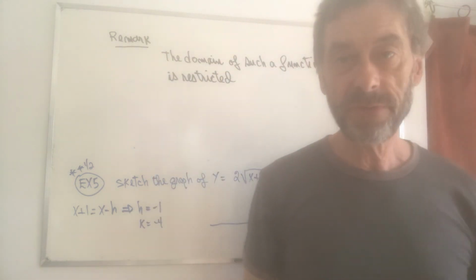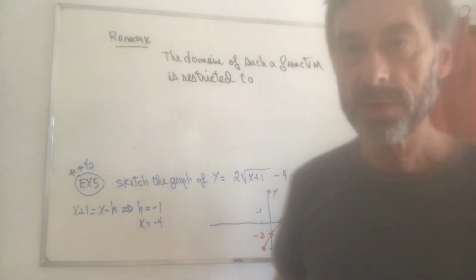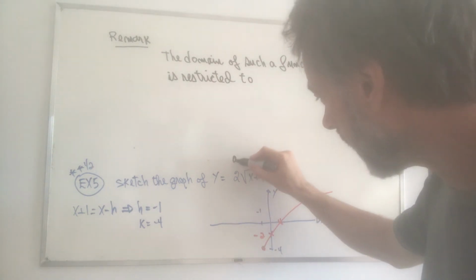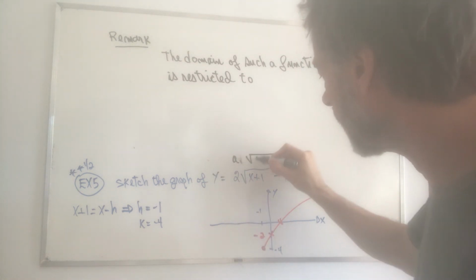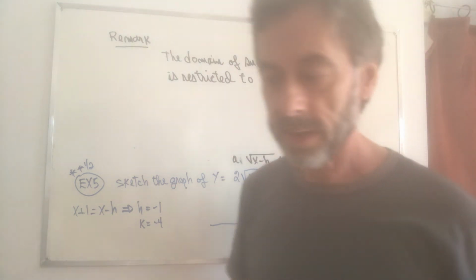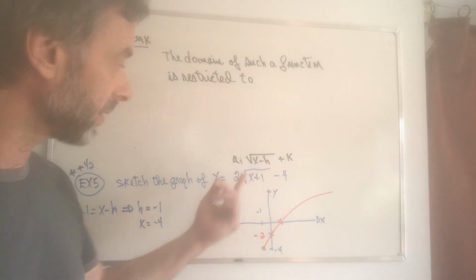What's the general thing? I'm going to write it down again. Here, this is like a root of x minus h, plus k. Remember, the domain is the set of x's that you can actually put inside the function.